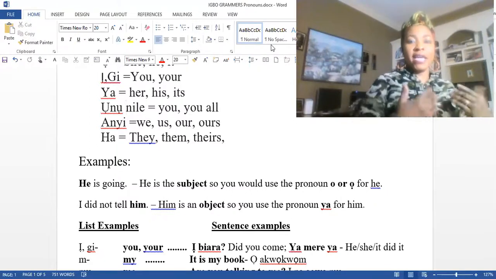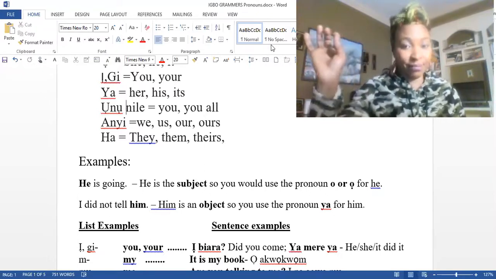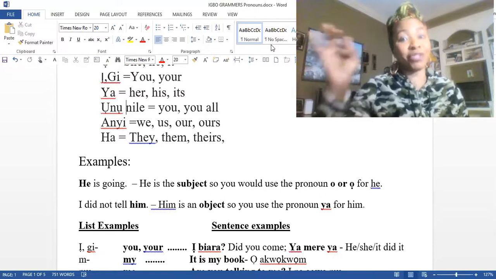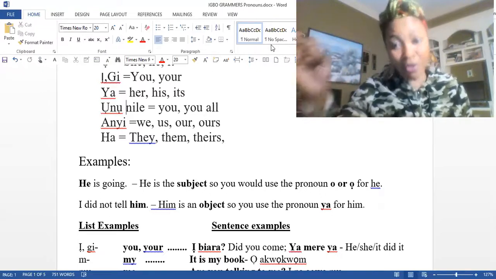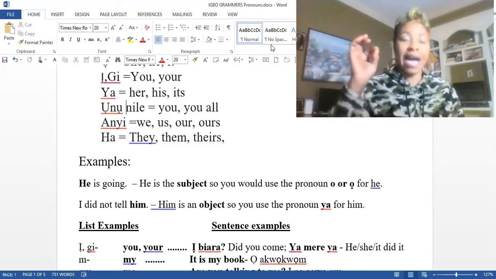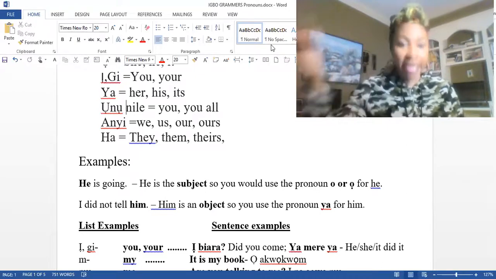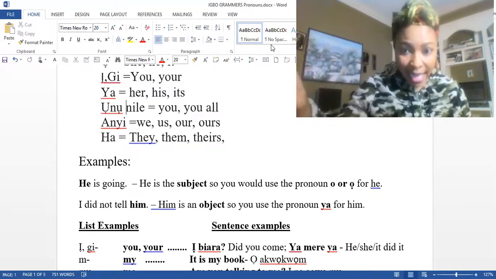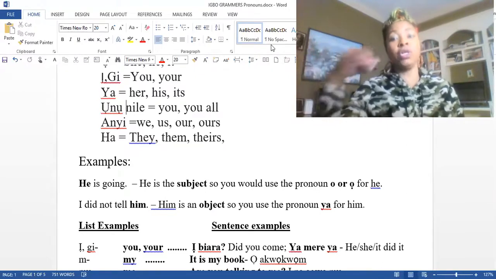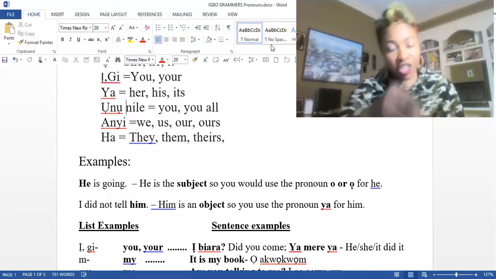Okay, he is the subject. I'm trying to break it down. He is the subject, so you would use the pronoun o for he. The same applies when you are saying she, it. It's the subject, so you use the pronoun o for he, she, it.